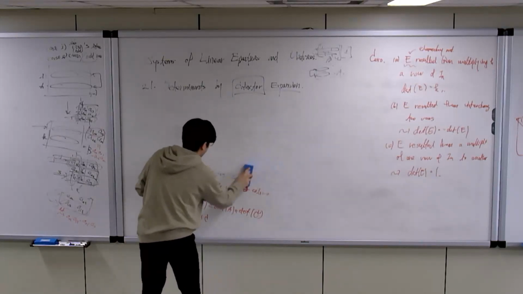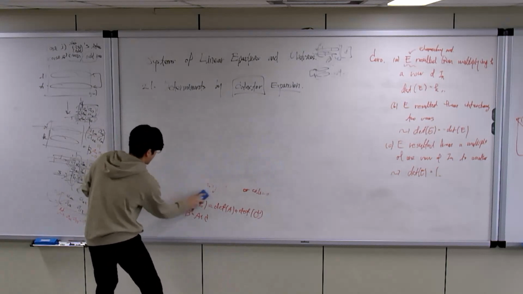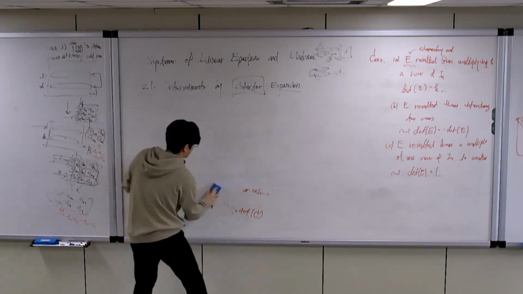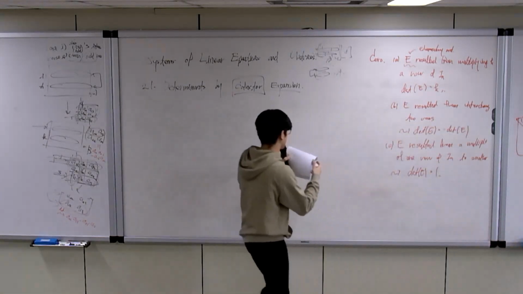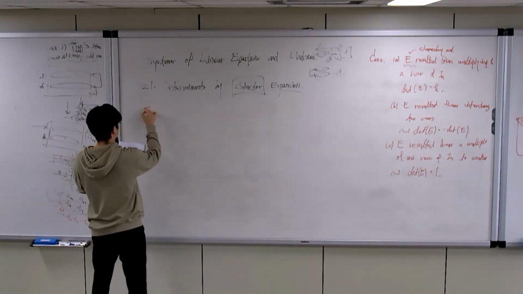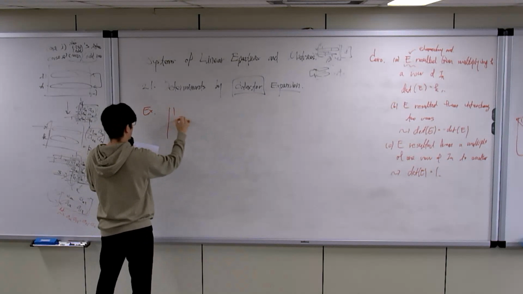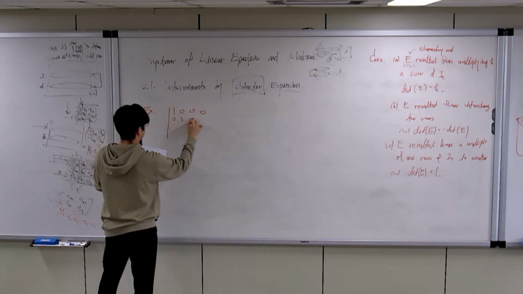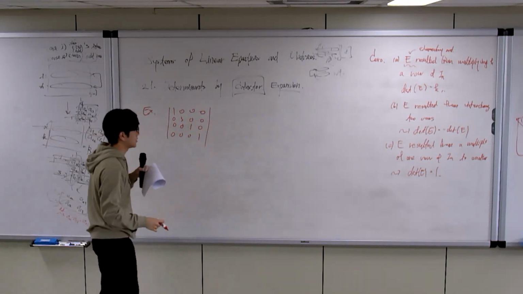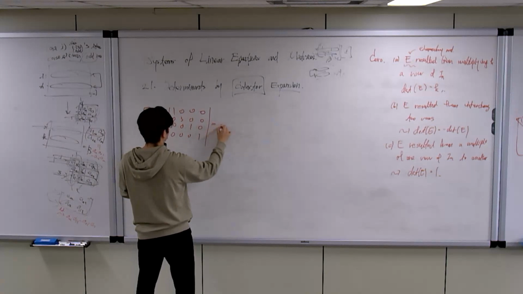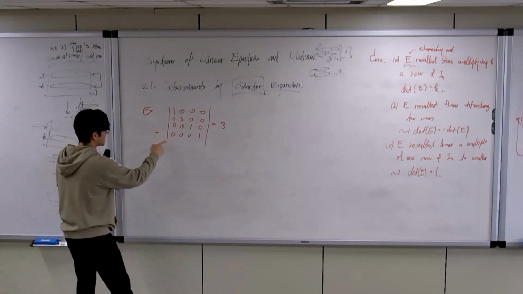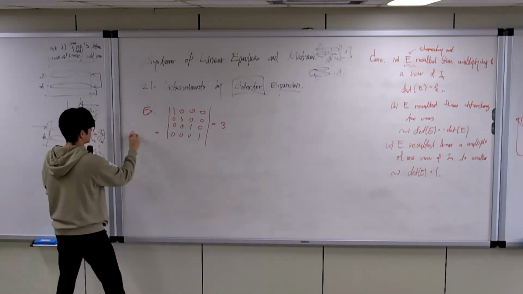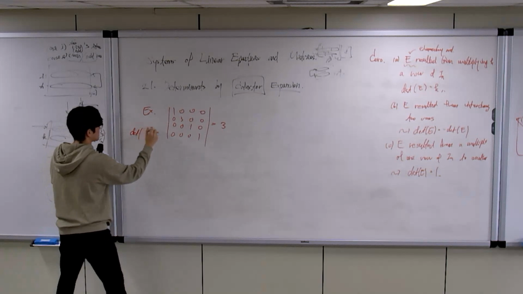So let me give some examples for elementary matrices' determinants. The first one just multiplies a row, and its determinant is 3. We sometimes use this notation; it is equal to the determinant of this matrix.